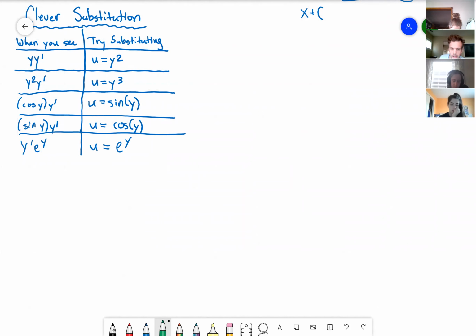And let's try this one. So y prime equals x plus y plus 1 squared, and y of 0 is equal to 0. I'll give you a minute to try.